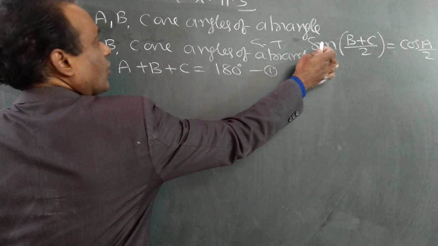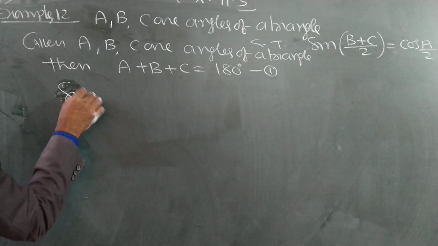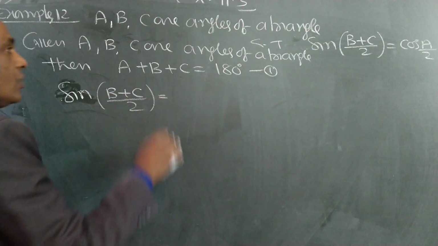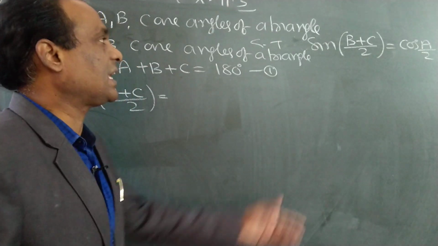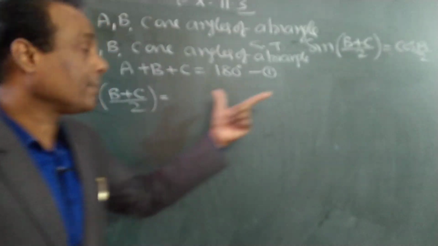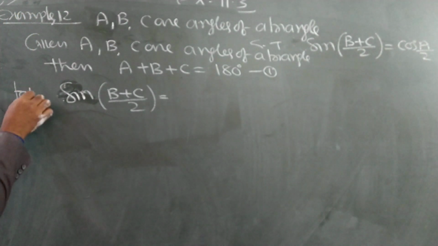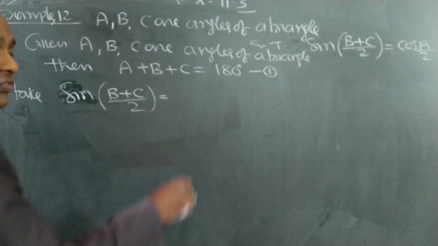Now take the required question. What is the question? We have to prove that sin of (B plus C) by 2 is equal to cos A by 2. Let us prove. I am taking the left side of the required question.